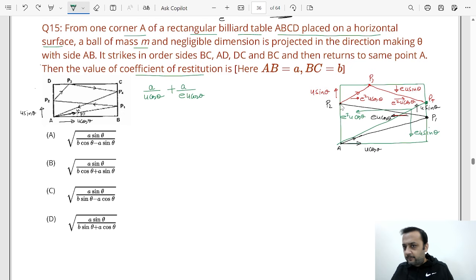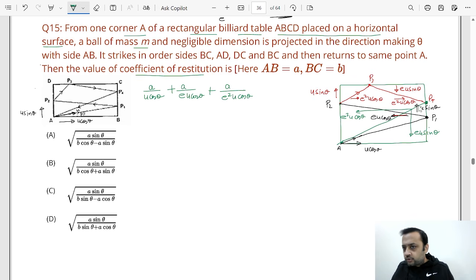So if you observe from P2 to P4, the velocity in x is constant, e square u cos theta. So this time is a divided by e square u cos theta, that is x displacement upon x velocity.